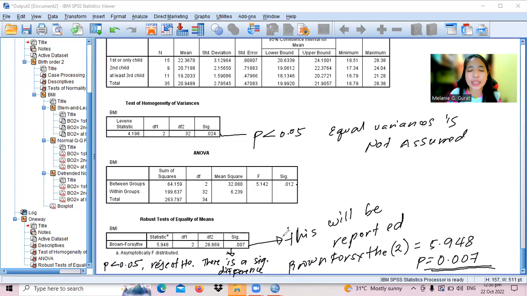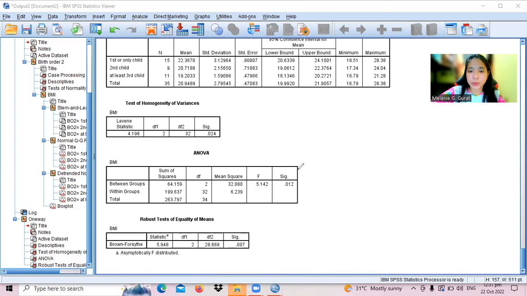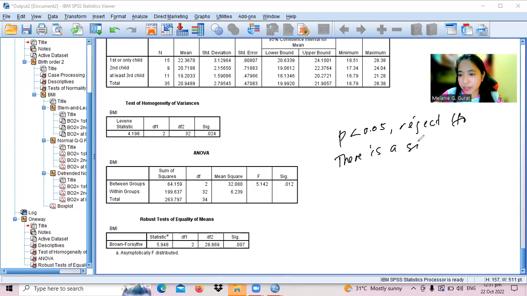So since the result is there is a significant difference, our problem is how will we determine if, let's say, the second child or the first child is significantly higher than the at least third child. So how will we do that? Since our P is less than 0.05, we reject H0 and we are telling that there is a significant difference.